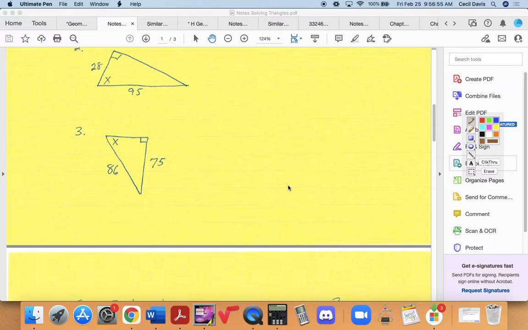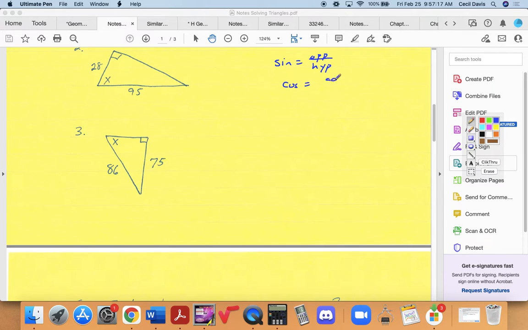Tangent's opposite over adjacent. So you need to do a little work on memorizing. I understand, but it's still early in the unit. I'm not unhappy that you don't have it memorized yet, but you need to get a little bit better. So remember that sine is opposite over hypotenuse.